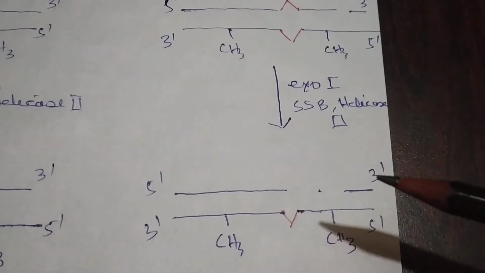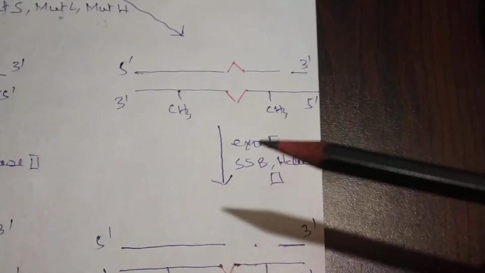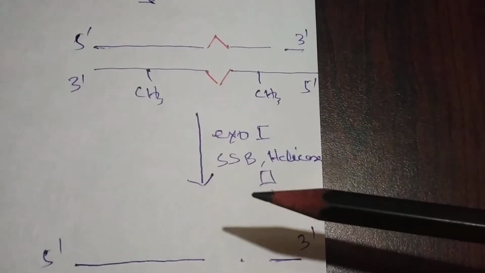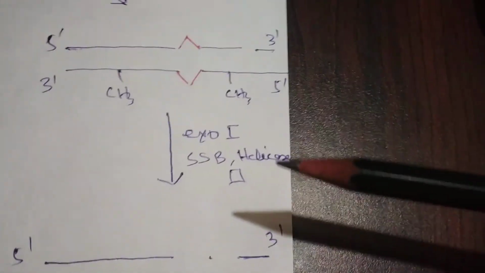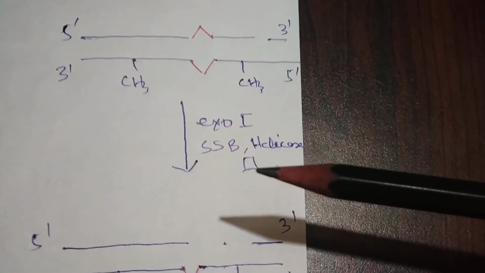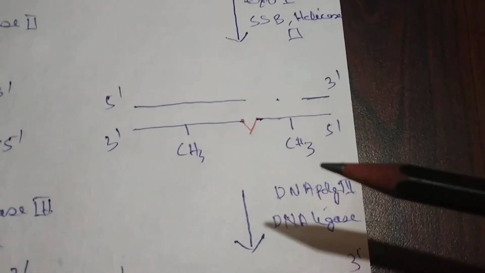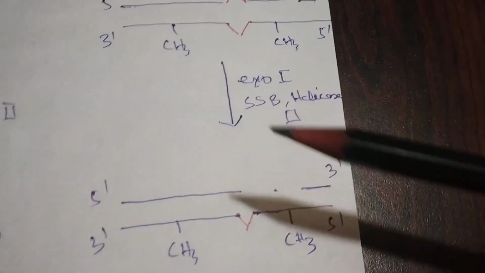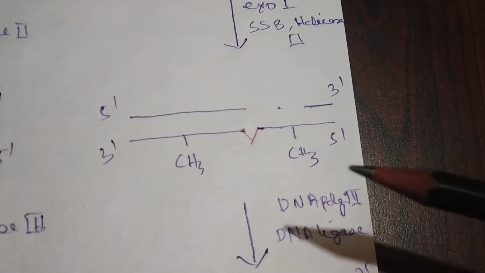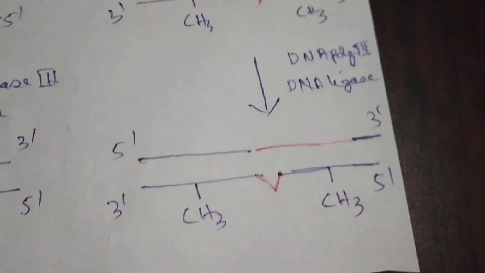Similarly, if it is happening from the 3' end, then you require exonuclease 1, single strand binding protein and helicase 2, and the gap is created here. The only difference is the exonuclease 1, and then DNA polymerase 3 and DNA ligase join it, and it is completed.